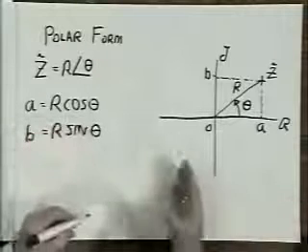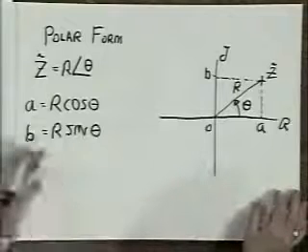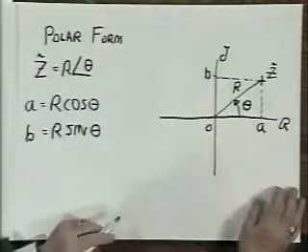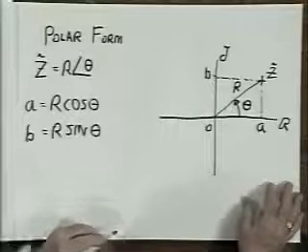So the conversion from polar form back to rectangular form is trivial when you think of it in graphical form, and the conversion the other way goes just the same.